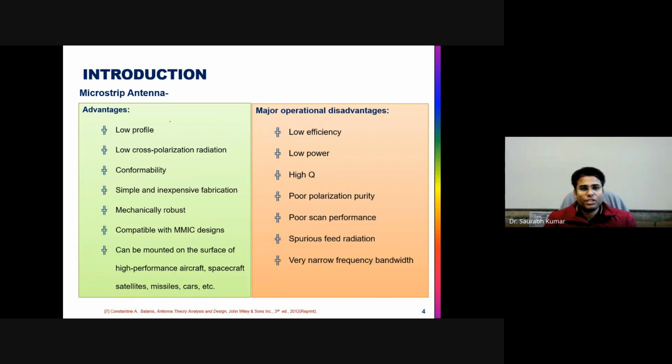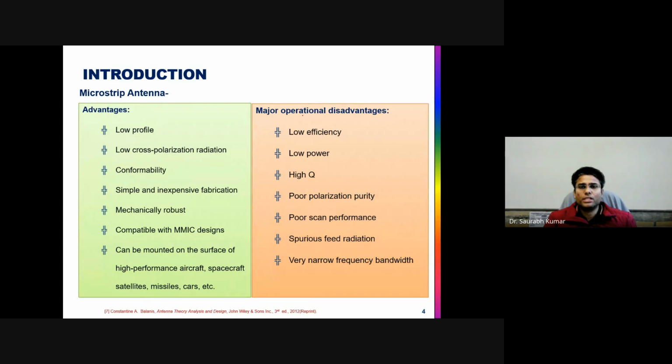It has low cross-polarization radiation. I assume the participants have some basic knowledge of antenna engineering and electromagnetic theory, so they know about polarization, conformability, and so on. It is simple and inexpensive to fabricate using modern printed circuit technology, mechanically robust, compatible with MMIC circuits, and can be mounted over high-performance aircraft, spacecraft, or any other device, so conformability is there.